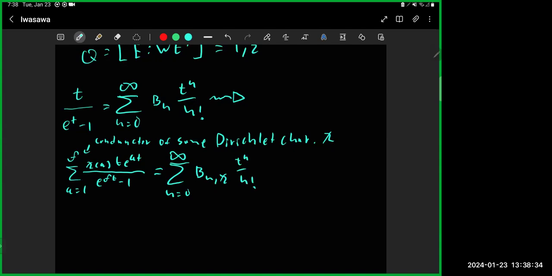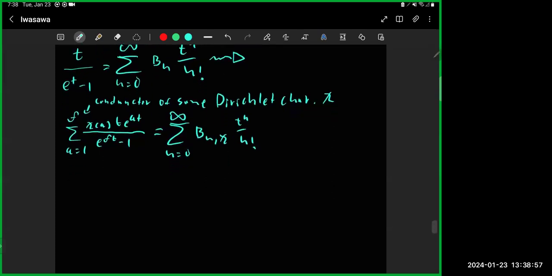Okay, and there are a lot of explicit ways to define these Bernoulli numbers in other ways, and specifically there are a lot of different values of the L functions that are associated to these Bernoulli numbers.